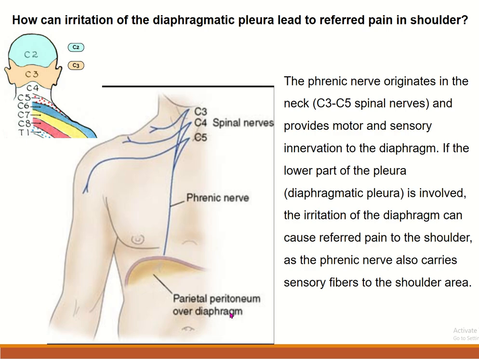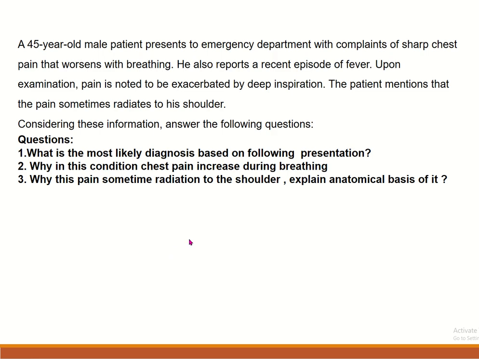Based on this knowledge, there is a clinical question. A 45 year old male patient presents in the emergency department with a complaint of sharp chest pain that worsens with breathing. He also reported a recent episode of fever. Upon examination, pain is noted to be exacerbated by deep inspiration.